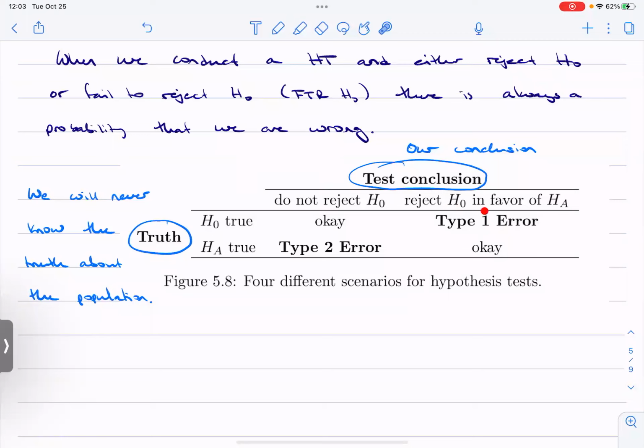Right? If I rejected H naught and HA is true, then that's fine, right? That's not a mistake. Whereas if I fail to reject H naught, the error that I could be making is what we call a type 2 error, right? So I fail to reject H naught when HA is true. Okay. So like I said, I like this table, or I like to memorize some version of that table.